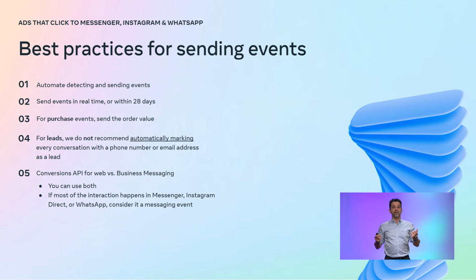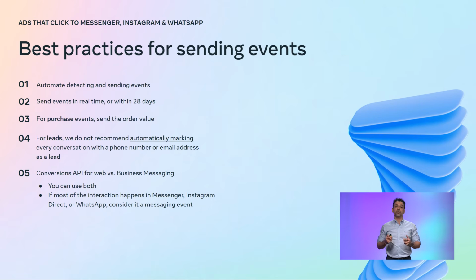Before finishing, I'd like to highlight some of the recommended best practices when sending Conversions API events back to Meta. Whenever possible, send us purchase events including the value of the order. That information is used to populate the ROAS column in Ads Manager.